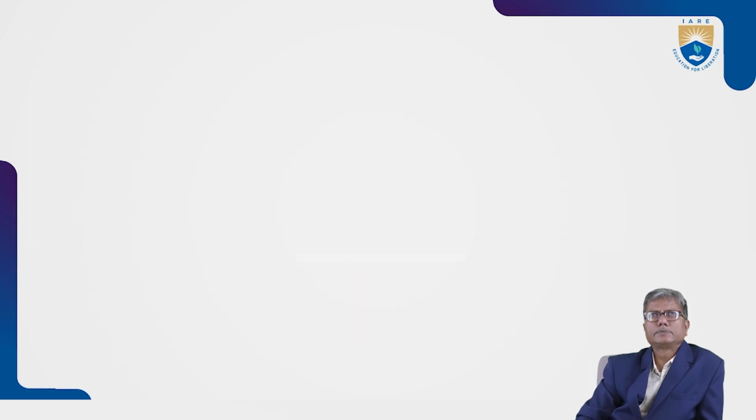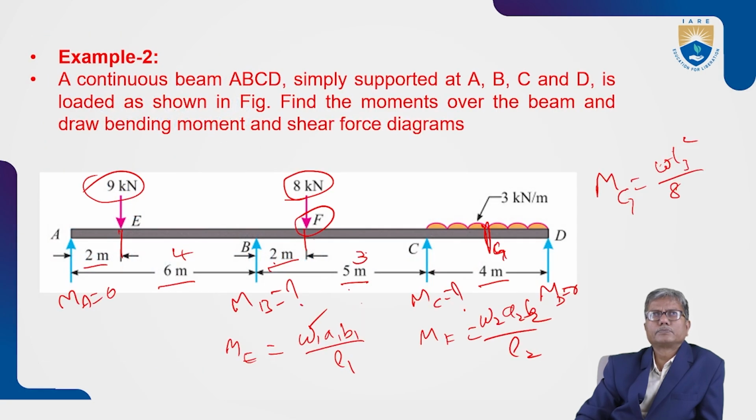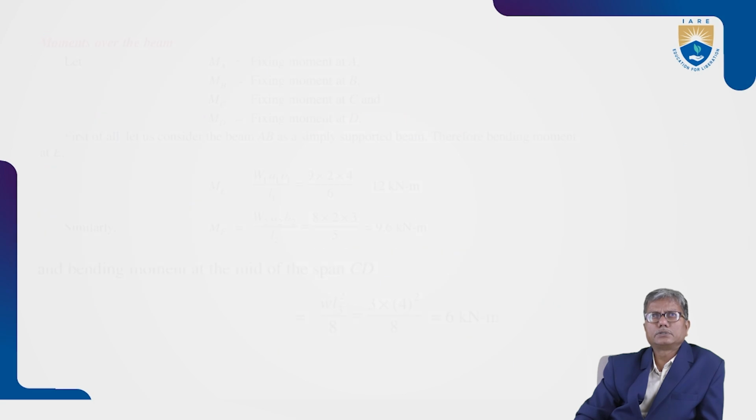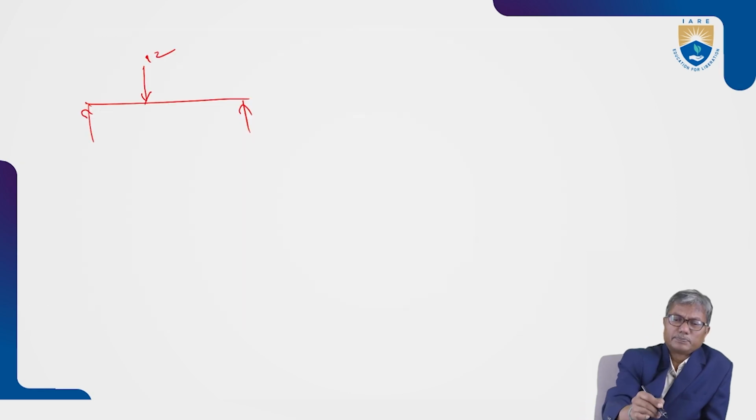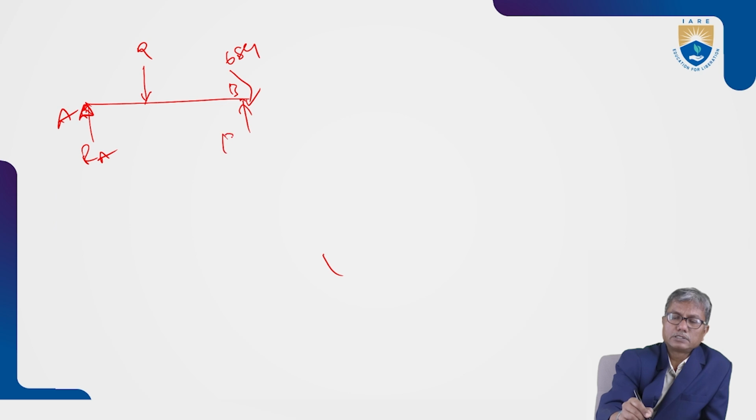The loading 9 kilonewtons. Bending moment at A is 0, and bending moment at B is 6.84. So the reactions are RA, and this is RB1.